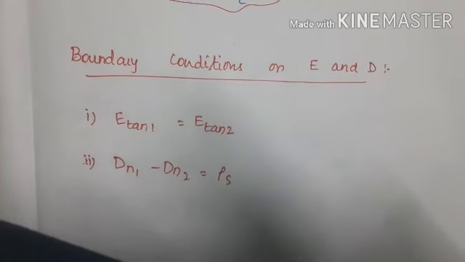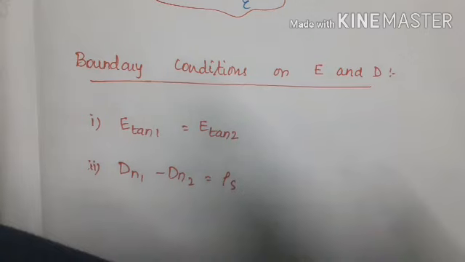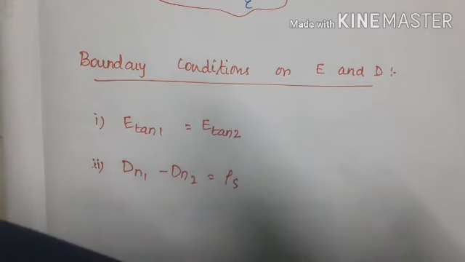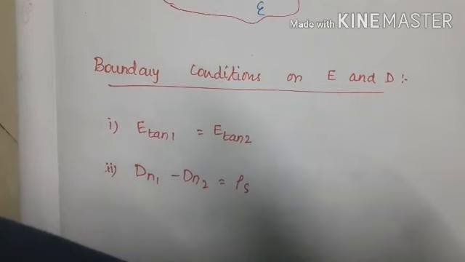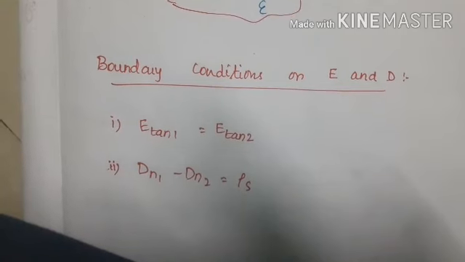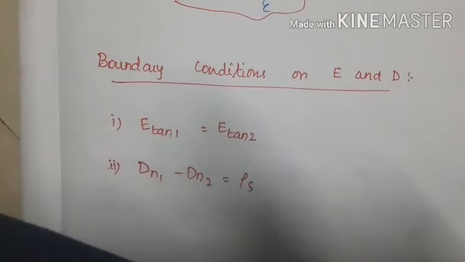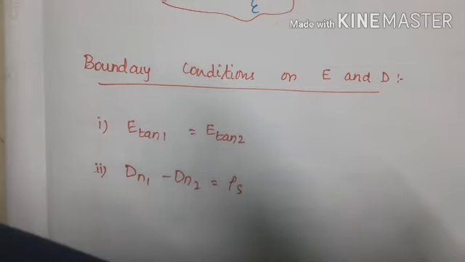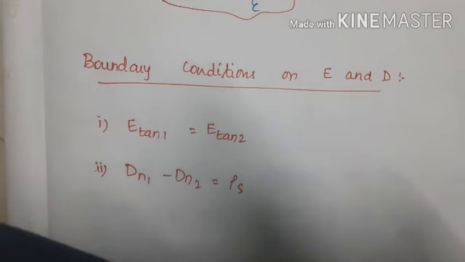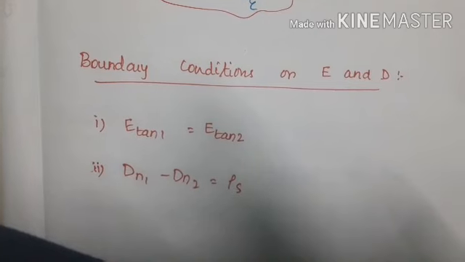So we represent it as Dn1 minus Dn2 is equal to rho s. So for any point other than the conductor boundary, we can say Dn1 is equal to Dn2. So for any boundary other than the conductor boundary, we can take Dn1 is equal to Dn2.